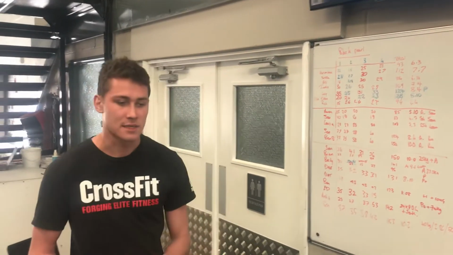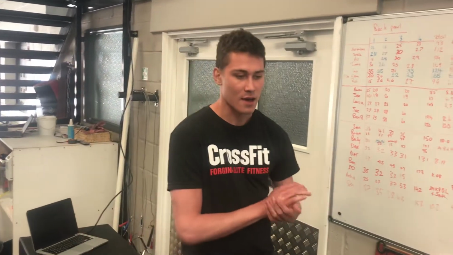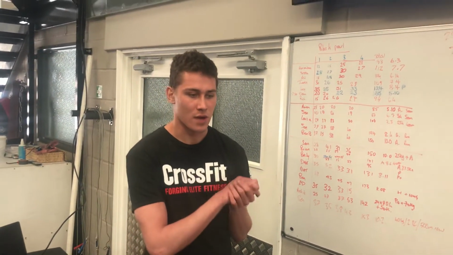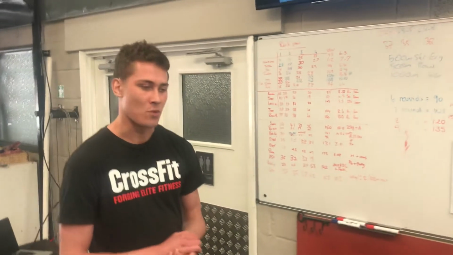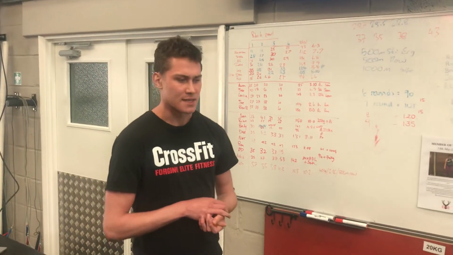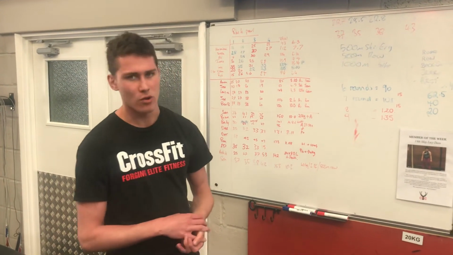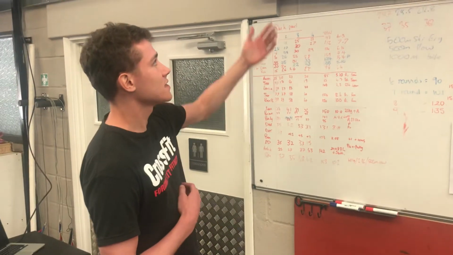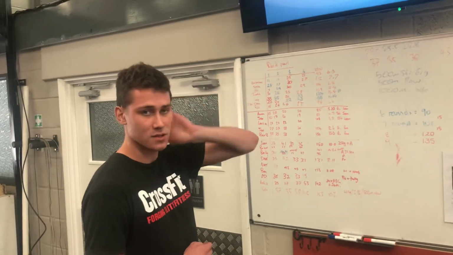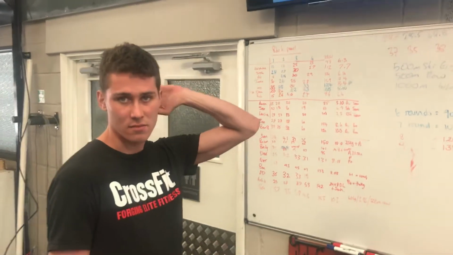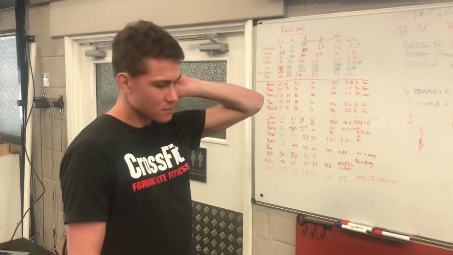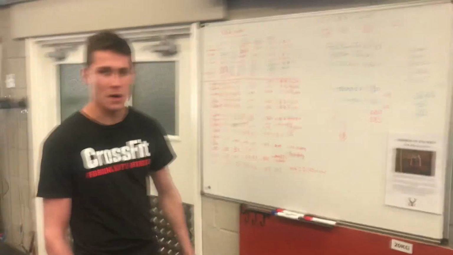Here at CrossFit Chichester, every now and then we get workouts like 10 rounds of a 200 meter row or a 200 meter sprint, with a 90-second rest. That's all lactate threshold work.